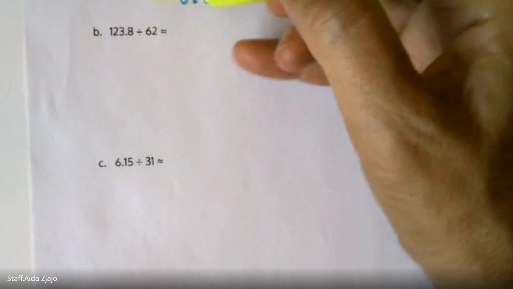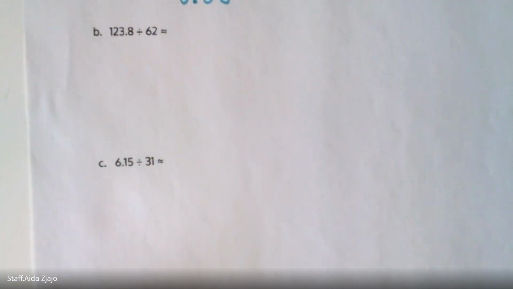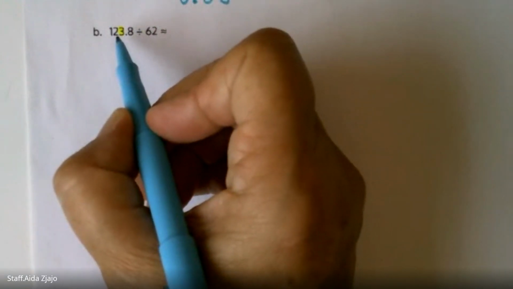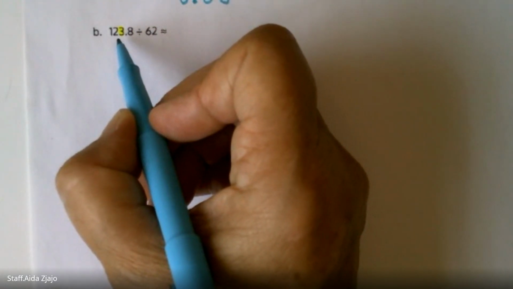Okay, number 2. It says $123.8 divided by 62. You can think this to be like 120 because $3 is a very small amount. I need at least $5 to make this a new $10 bill.